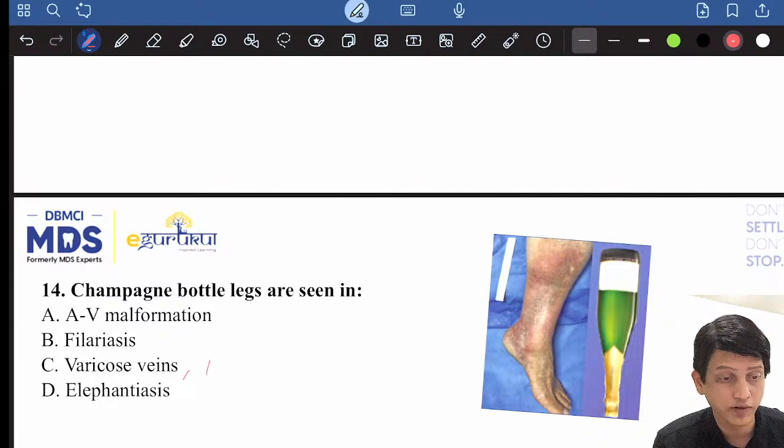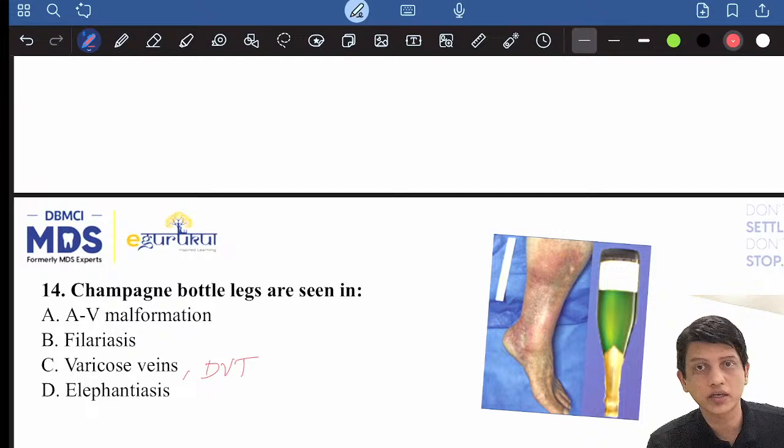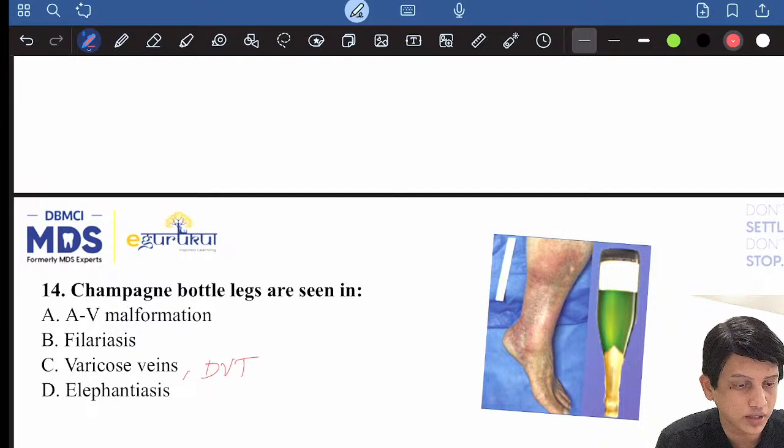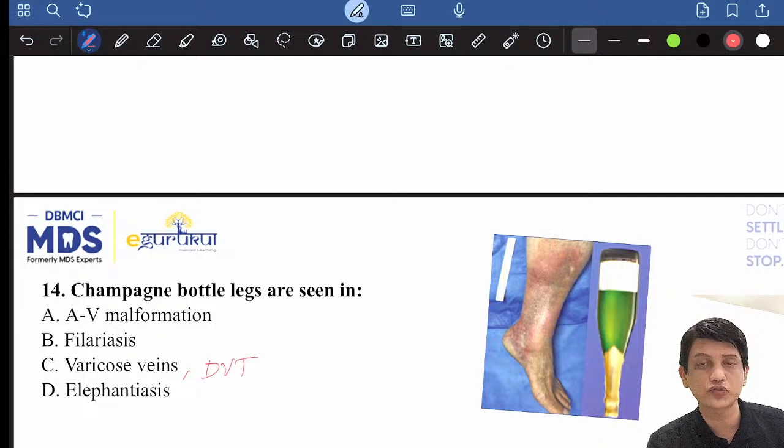Where else? In chronic DVT also. Yes, very good. So in varicose veins, because of lipodermatosclerosis, long-standing varicose veins or DVT, you get this champagne bottle appearance in the legs.